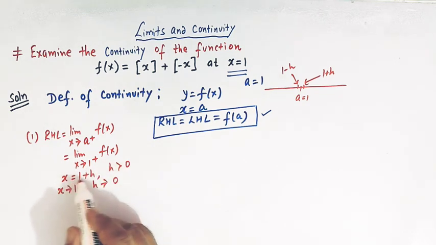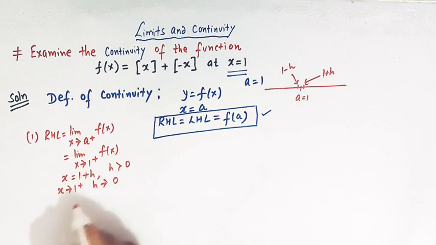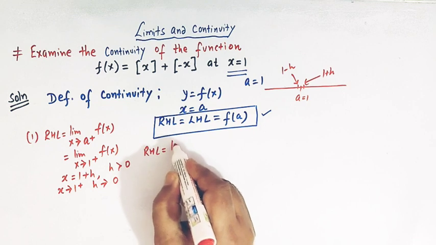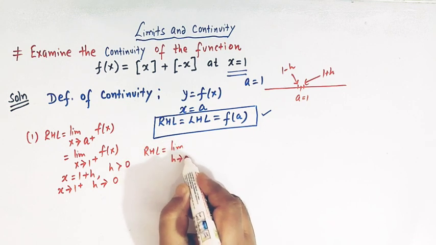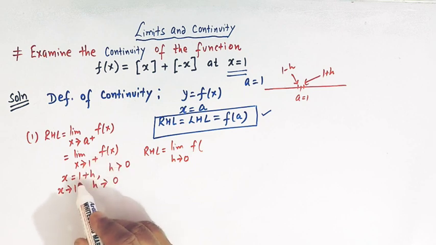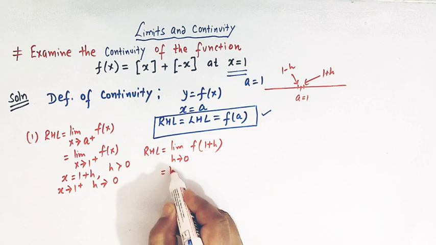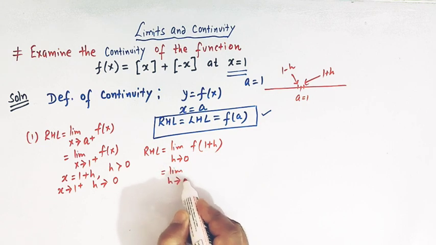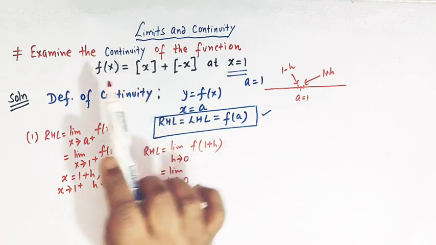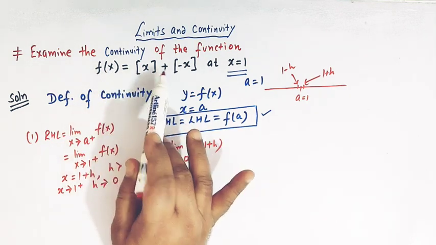So we can replace x by 1 plus h, and the right hand limit can be written as limit h tends to 0 of f of 1 plus h, which can be obtained by replacing x by 1 plus h in this function.